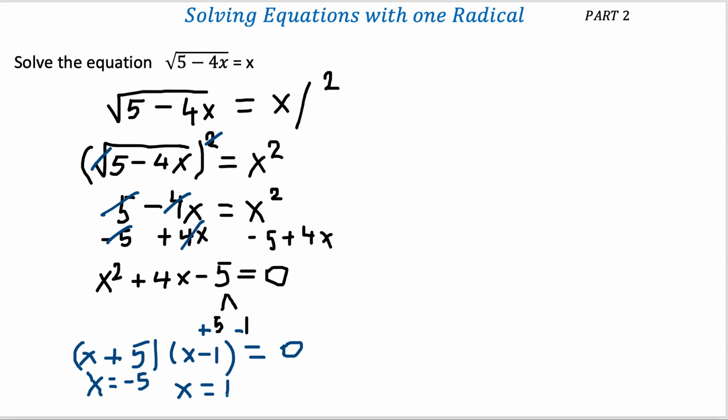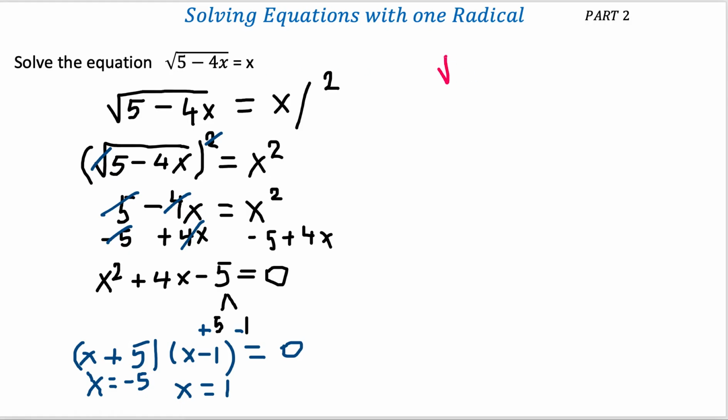But to make sure those solutions are valid, we have to check them. So we take those solutions that we got from the mathematical process and plug them into the original equation. If the equation holds, then this is a valid value. But if it doesn't hold, it's not a valid solution, and a solution that is not valid we call an extraneous solution. So let's check it here.